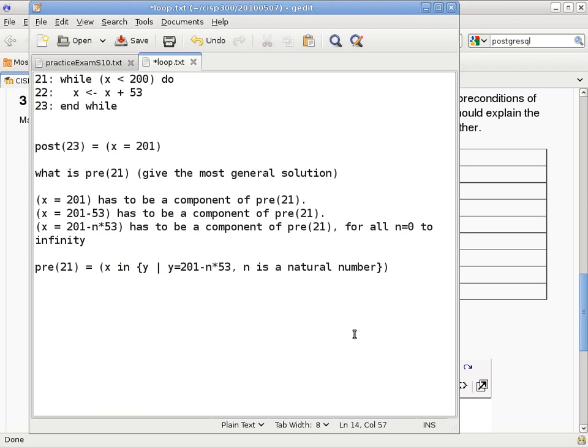To write this the actual mathematician way, you basically say that x is an element of the set, such that all elements in this set can be expressed as y, such that y equals 201 minus n times 53, and n is an element of the natural numbers, and that's how you write the natural numbers in mathematical terms. But that's not the right context for this class.